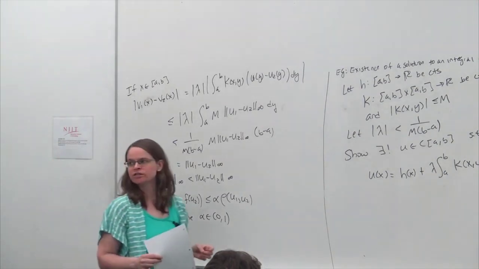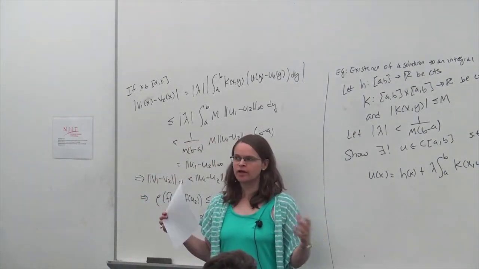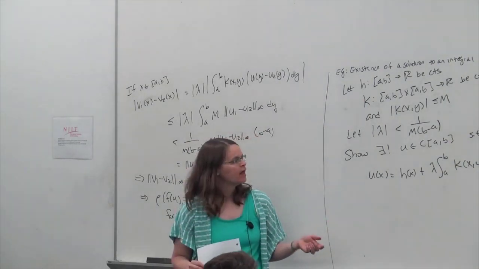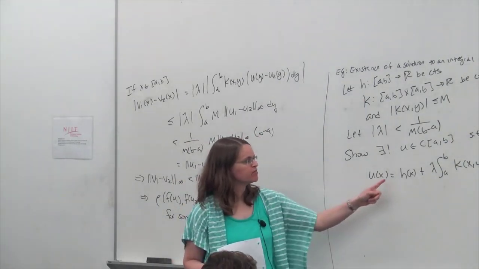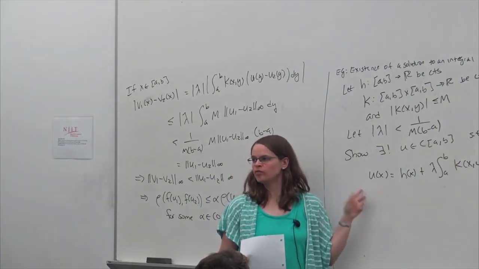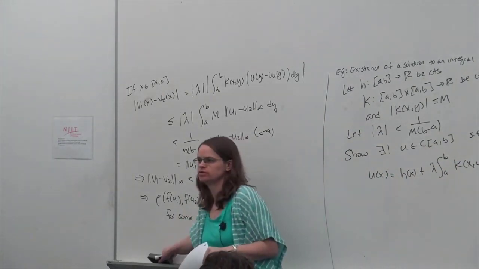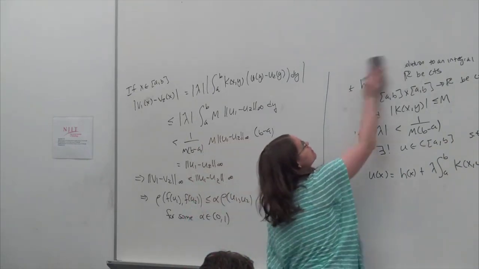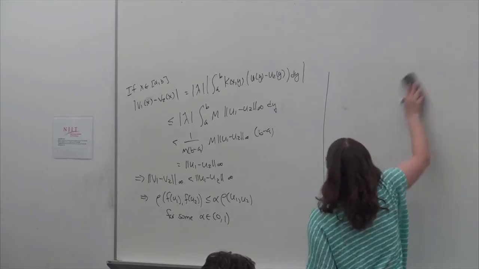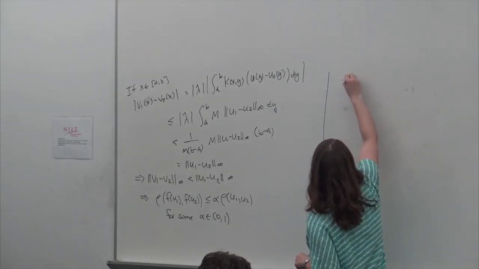Well, if we have a contraction, we already know we're playing on a complete metric space. We've got a fixed point. And a fixed point, if this was our f of u equals u, means we've got a solution to our integral equation. Okay, so f is a contraction.